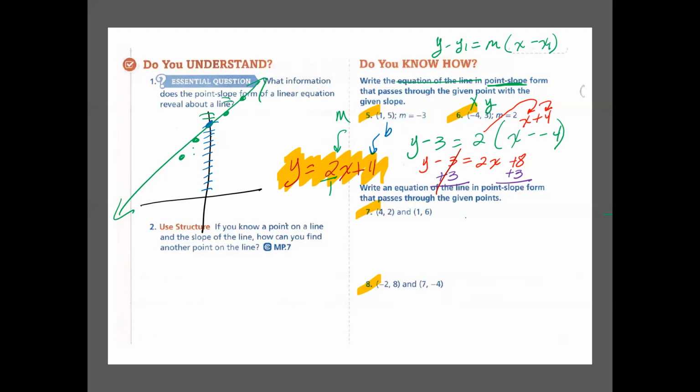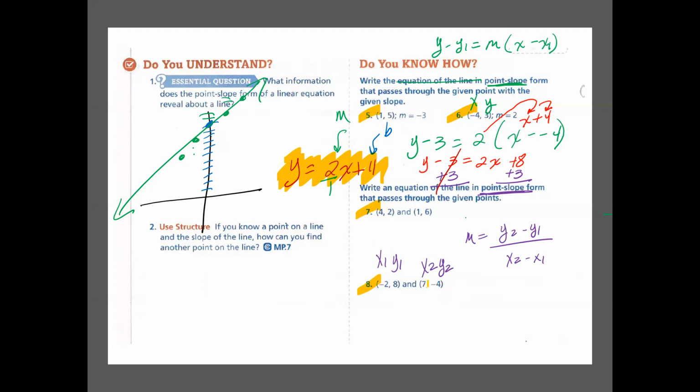Let's take a look at question number 8, okay? Write the equation of the line in point-slope form that passes through the given points. So you have two different points here. You have x1, y1, I'm going to label it, x2, y2. Now remember your slope formula is y sub 2 minus y sub 1 over x sub 2 minus x sub 1.